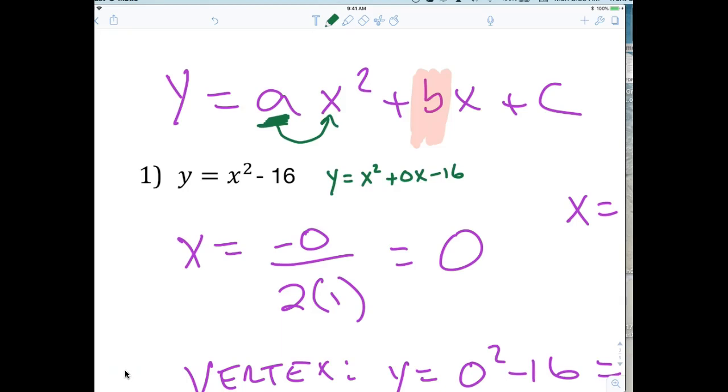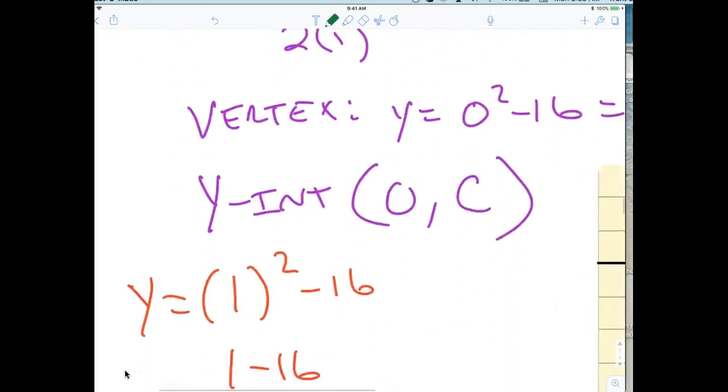You see the difference? B is the number in front of the what? And C is referred to as the constant. It's after the x. The letters represent the numbers in front of specific terms.